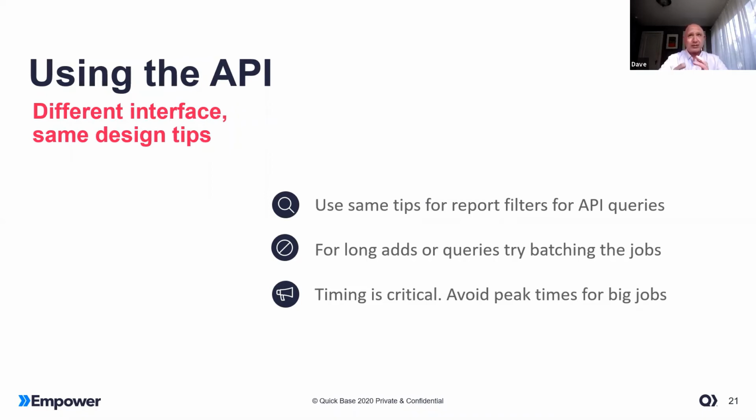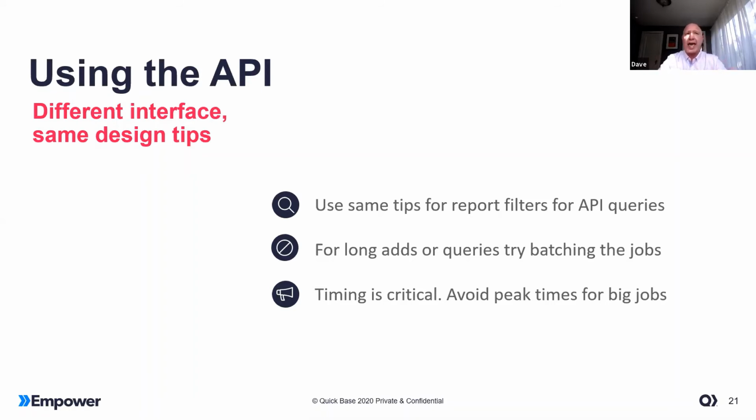And so the same tips that we have above for running filters and building reports are applicable when you're building queries using the API. Use scalar data first, avoid contains, use is as often as possible, and put scalar data before you use derived data in your string of filters in a query.